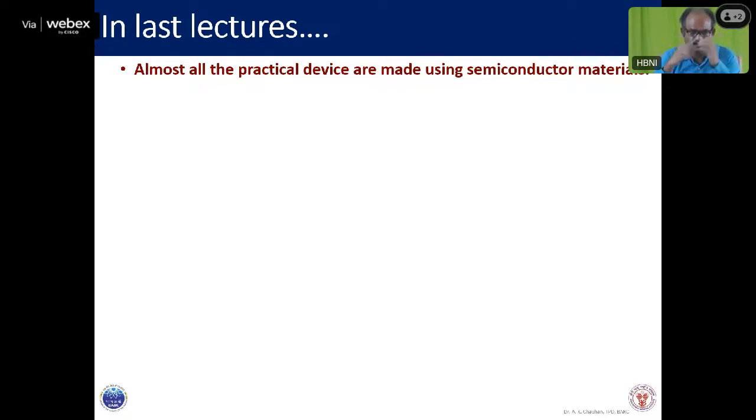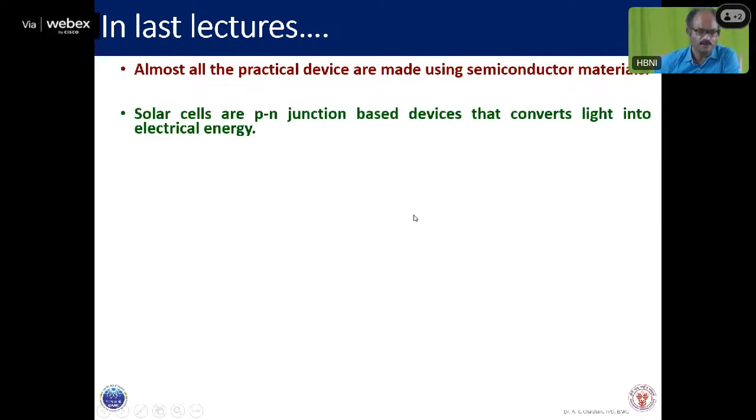So we know that almost all the practical devices are made using semiconductor materials. This is very clear to us by now. Then we saw solar cells and learned that solar cells are basically PN junction based devices, and these devices convert light into electrical energy.